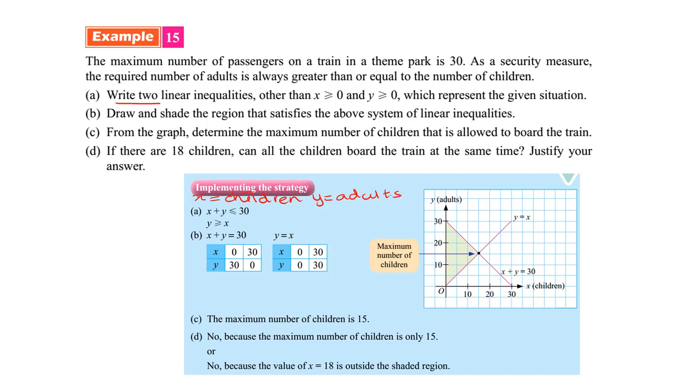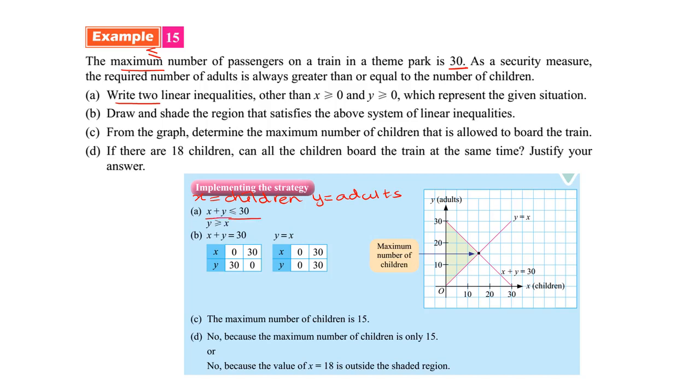So the maximum, the sign is less than or equal to. Maximum is 30, so that means x plus y is less than or equal to 30.